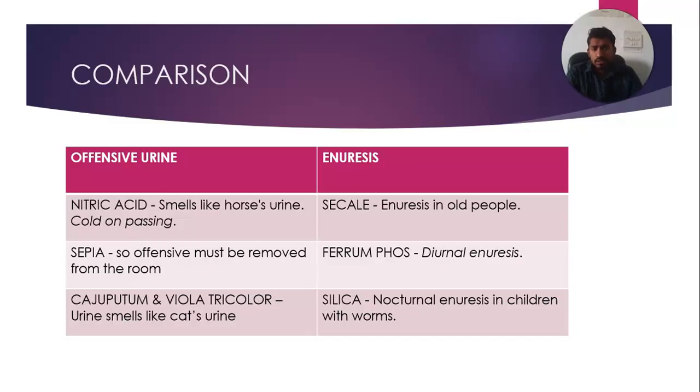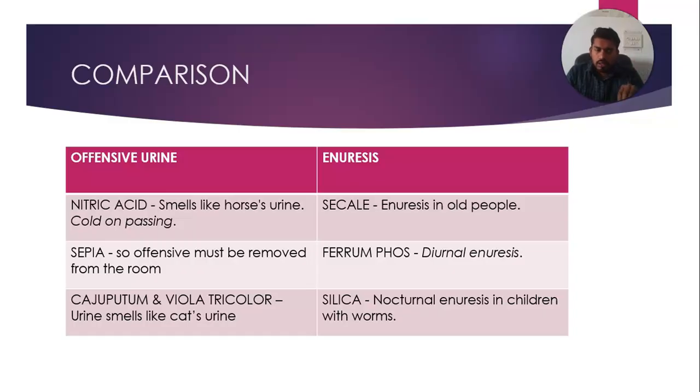Okay, cajuputum and viola tricolor have urine that smells like cat's urine. In enuresis, you have enuresis in old people in this remedy, Secale cor. Diurnal enuresis, so diurnal means morning as well as in the night, that is ferrum phos. And along with worms, some children might experience nocturnal enuresis, and that remedy is silica.